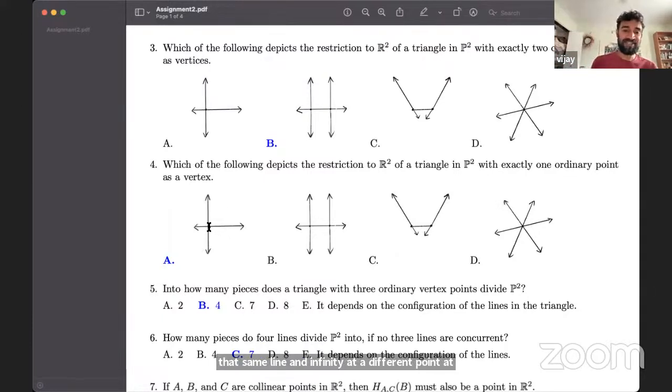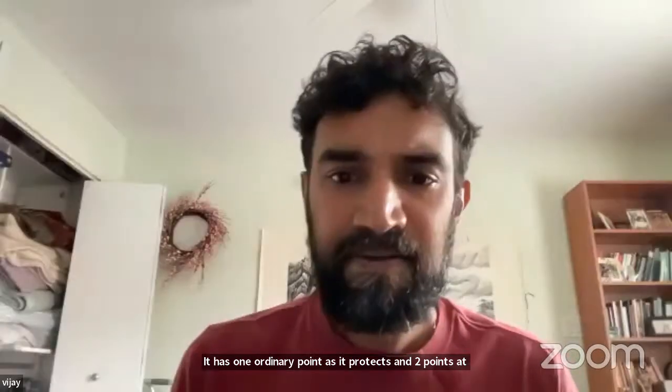So this triangle will consist of 1 ordinary point and 2 points at infinity. And it'll also consist of 3 lines, these 2 ordinary lines and that 1 line at infinity. So this is also a triangle, and it satisfies these conditions. It has 1 ordinary point as a vertex and 2 points at infinity as vertices.